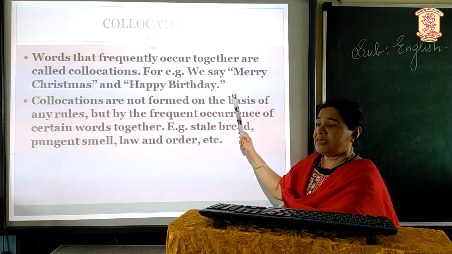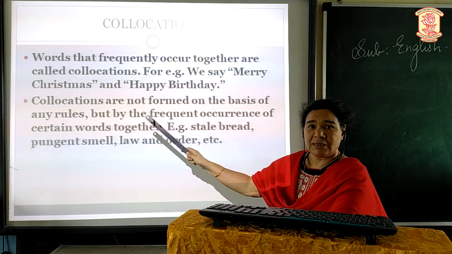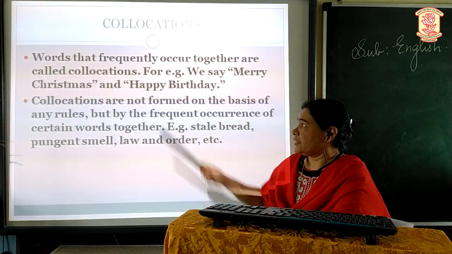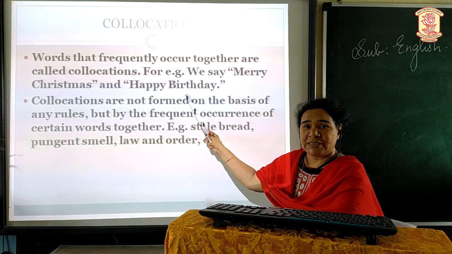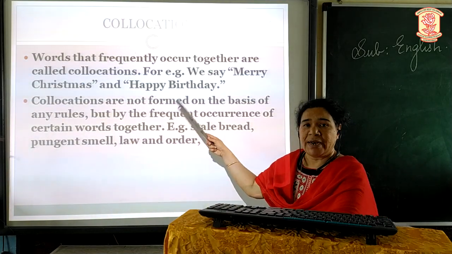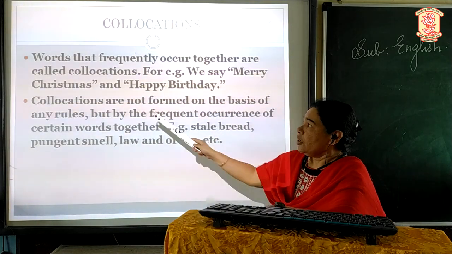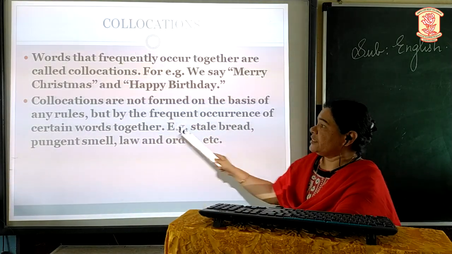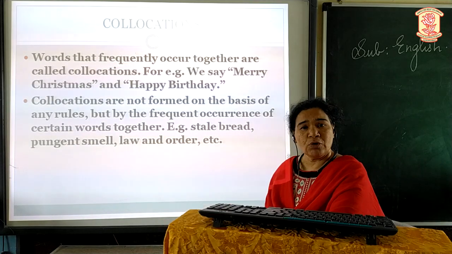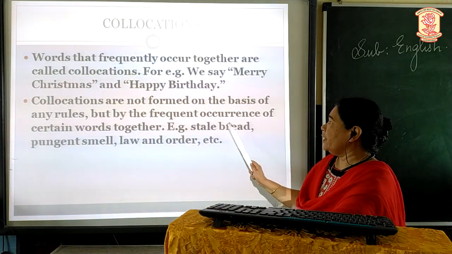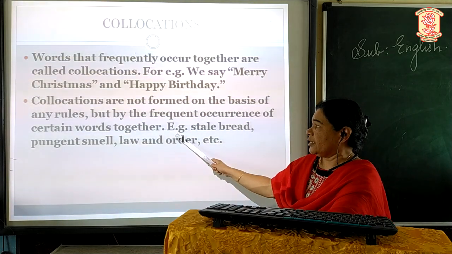It's not necessary that after Merry, Christmas should come, but for wishing, we say Merry Christmas. For happy, it's not compulsory that birthday should come; you can use any word. Collocations are not formed on the basis of any rules, but by the frequent occurrence of certain words together.